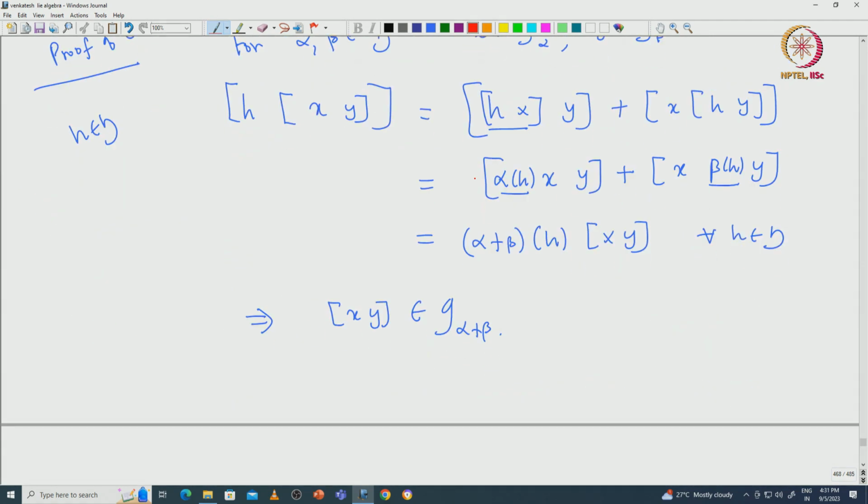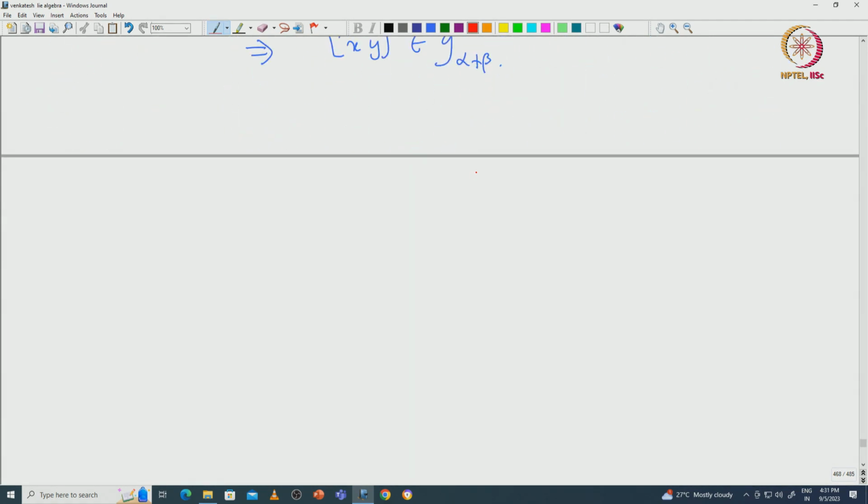Then it is immediate, as a corollary, that the restriction of the Killing form to this g naught must be non-degenerate. You restrict kappa to g naught, and then this is actually non-degenerate. Why?